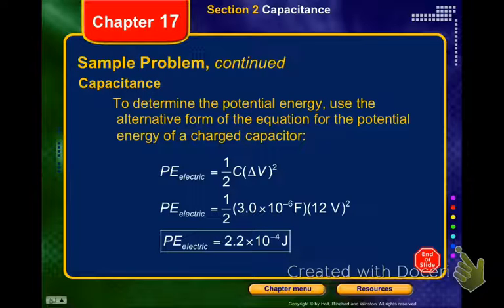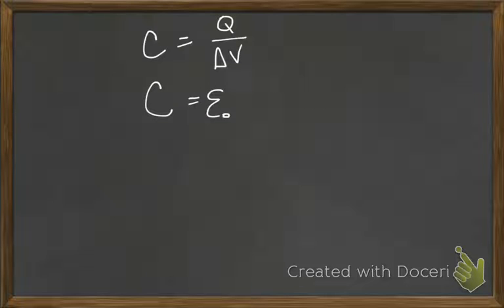Just as a wrap up, the equations that we've looked at: capacitance is Q over delta V. That was at the very beginning. Then capacitance is your permittivity constant times area over distance.